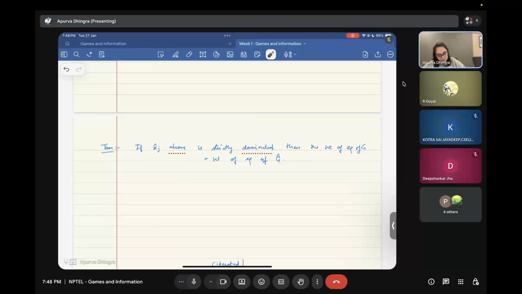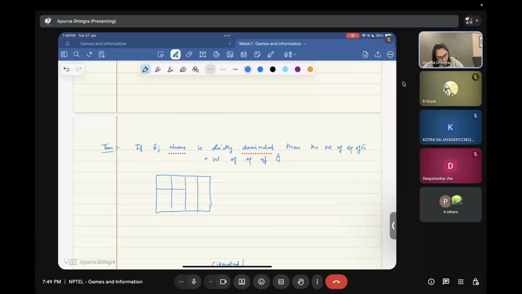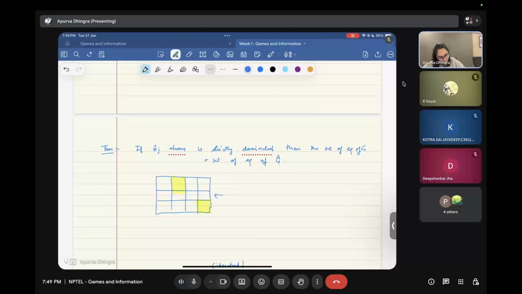So if I were to make that little drawing, suppose, and we are eliminating, okay, so we'll most likely eliminate this one and this one.